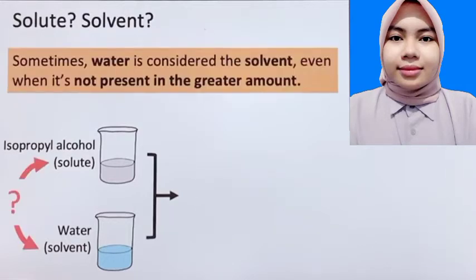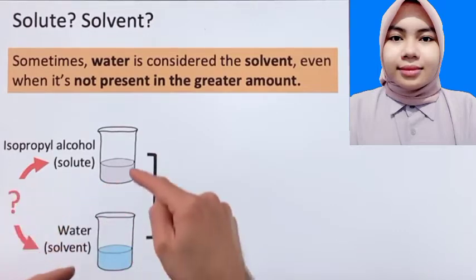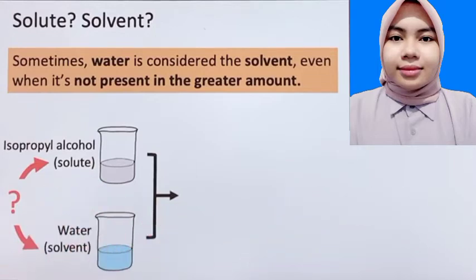Now, if you are looking at the table here, you might have wondered why we said the water is the solvent and alcohol is a solute, because it looks like we can have the same amount of both.